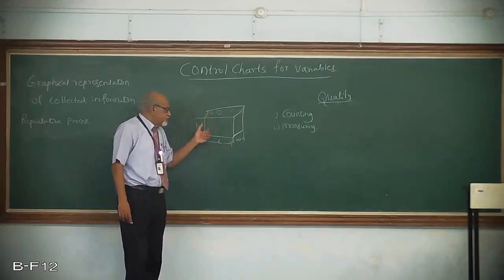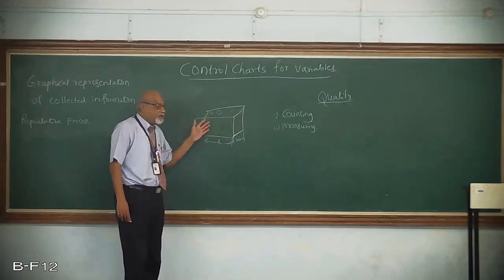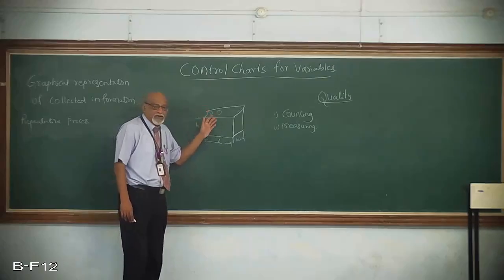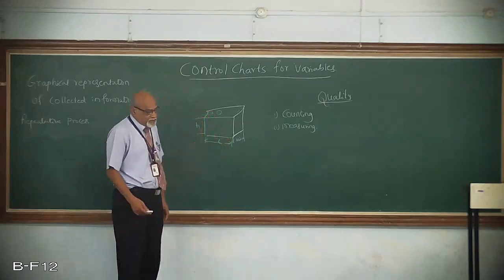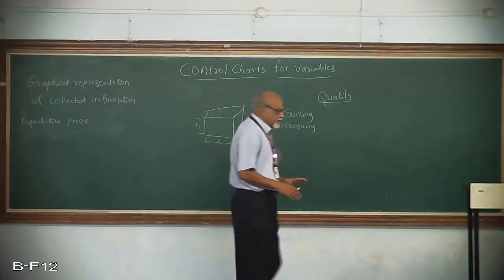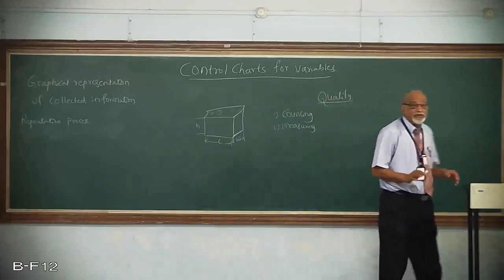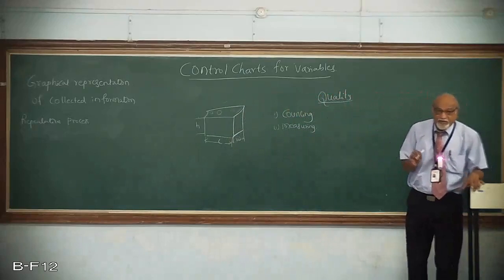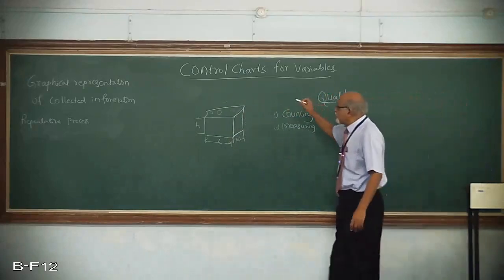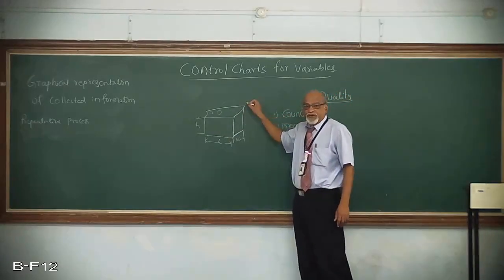In that case, each of these dimensions has to be maintained, and a control chart has to be maintained for each of these things, which are measurable characters. And if it is either accepted or rejected, that means I am not going to measure it. Then it becomes the attribute type of characteristic.